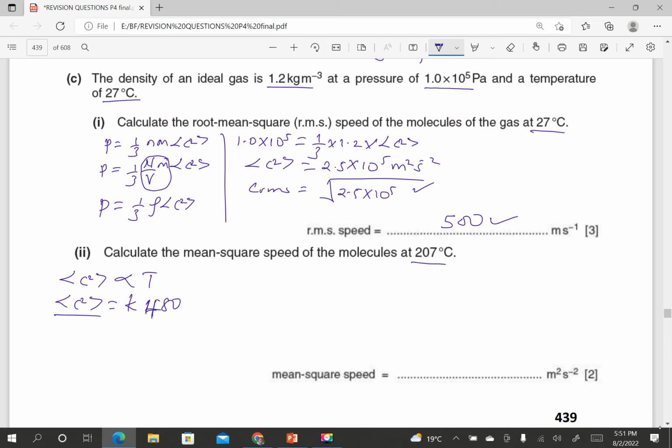Then divide by the mean square speed of 2.5 times 10 power 5 at a temperature of 27 plus 273, which is 300. So the constant has cancelled out. Let me press my calculator: 480 divided by 300 times 2.5 times 10 power 5. This is giving me 400,000, which is 4.0 times 10 power 5 meters squared per second squared.